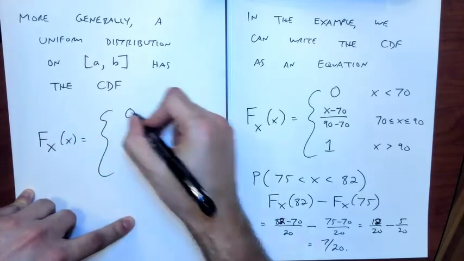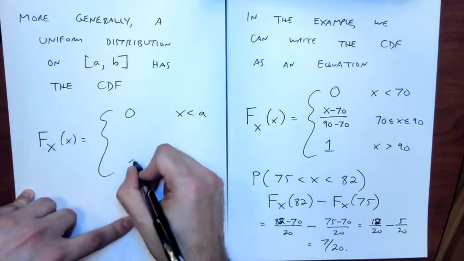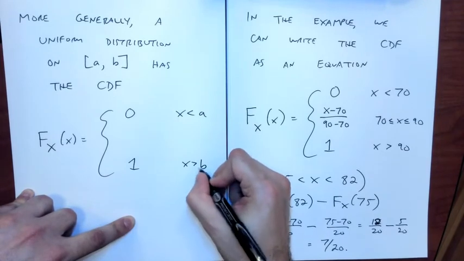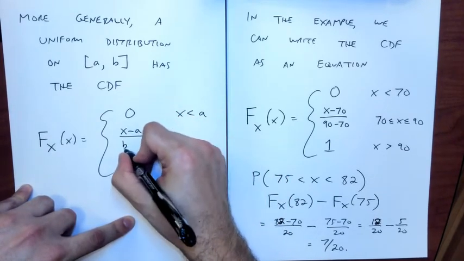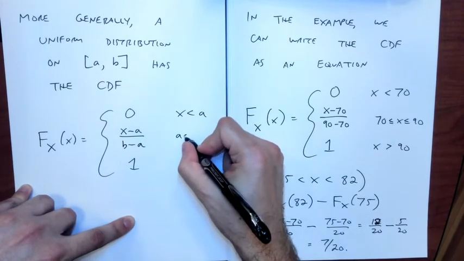Well, it's going to be 0 when I'm less than A, it's going to be 1 when I'm greater than B, and it's basically going to be, how far along am I when I'm between A and B?